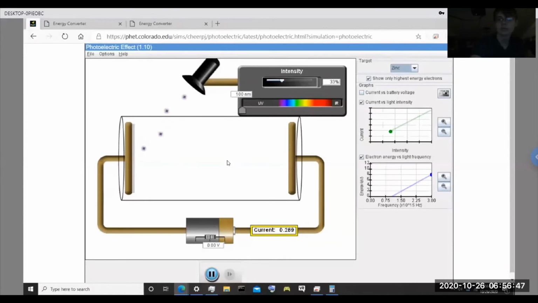Starting to eject some. If I take it here, not doing anything. If I take it back over here, it starts to eject some photoelectrons. So hopefully that will have helped to explain that a bit more.